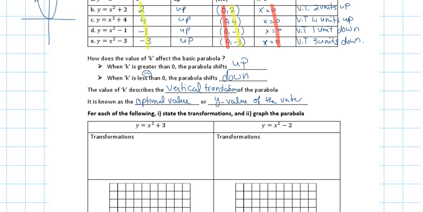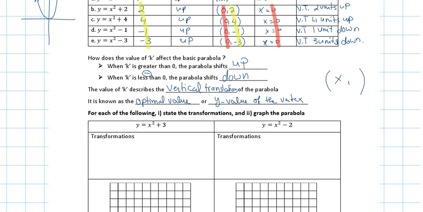Okay, so remember that if you have the vertex, you have the x and the y. The k represents the y.